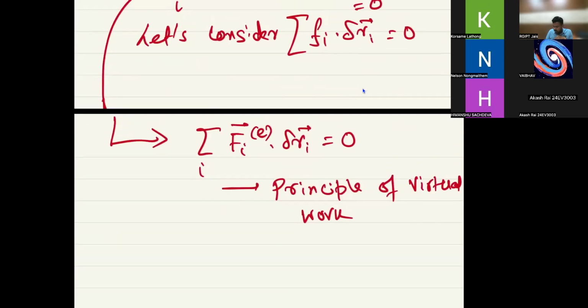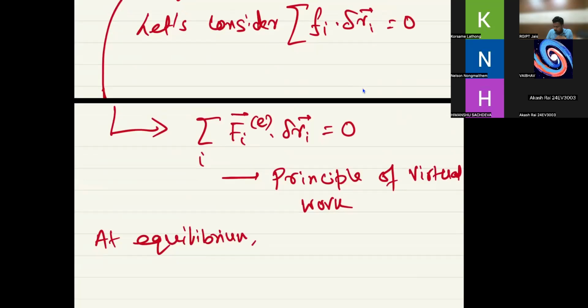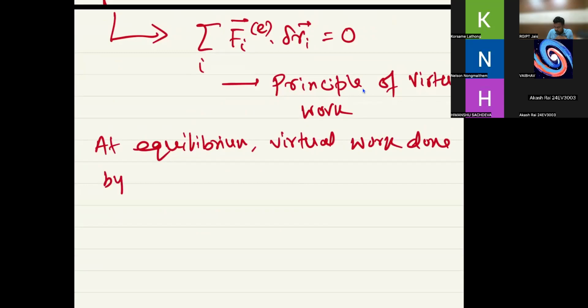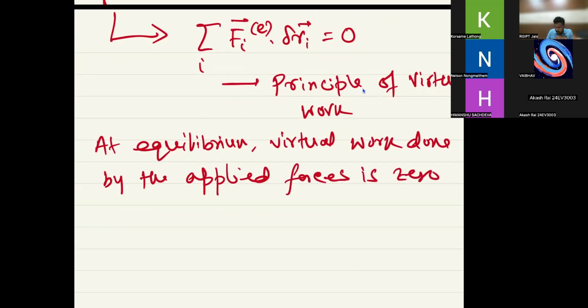Now in statement, what you can write is that at equilibrium, the virtual work done by the applied forces is 0. This is called the principle of virtual work.